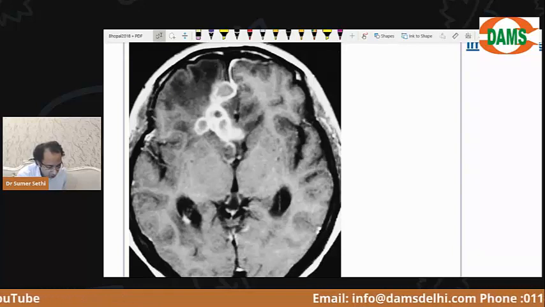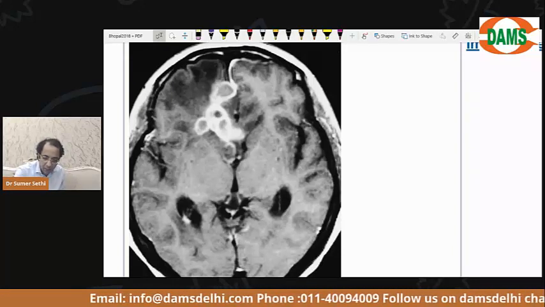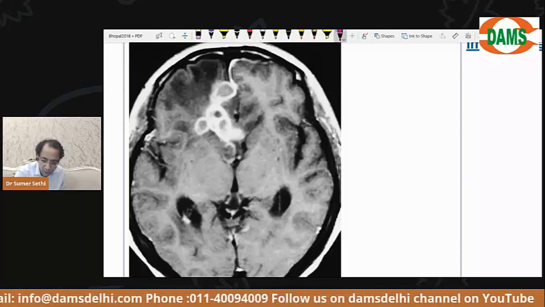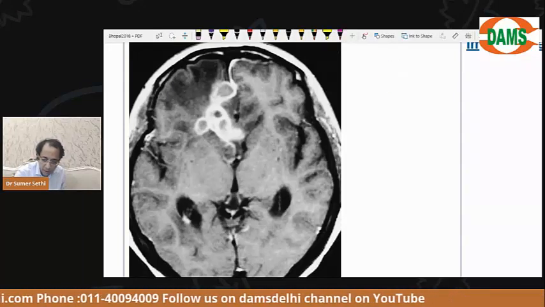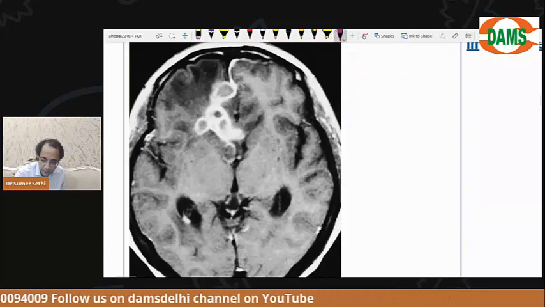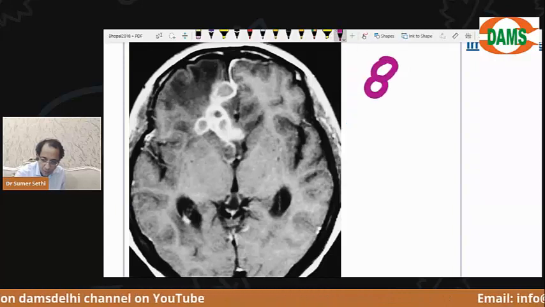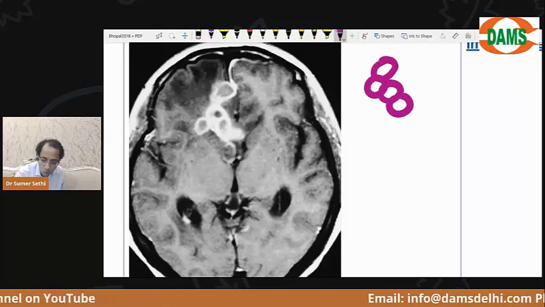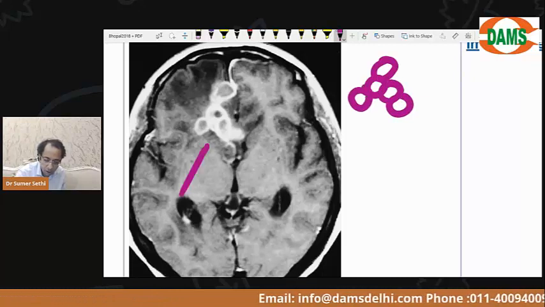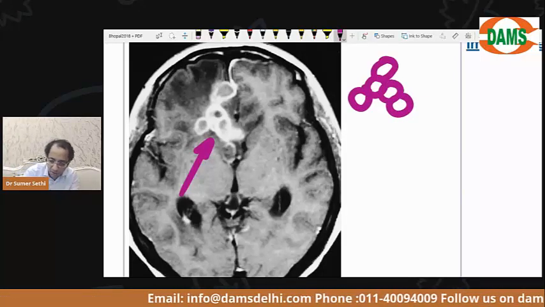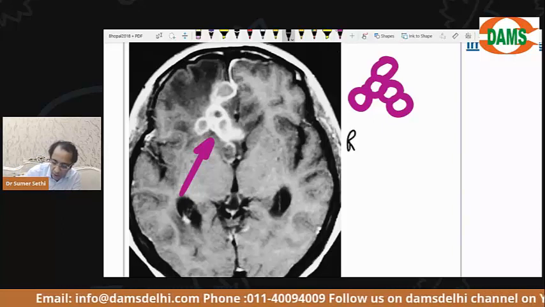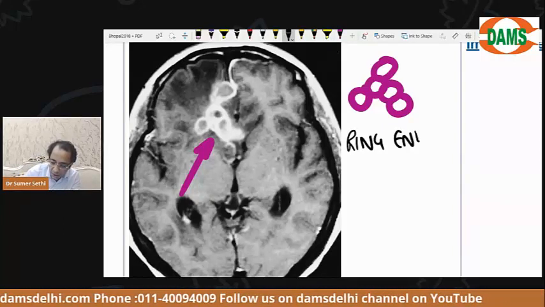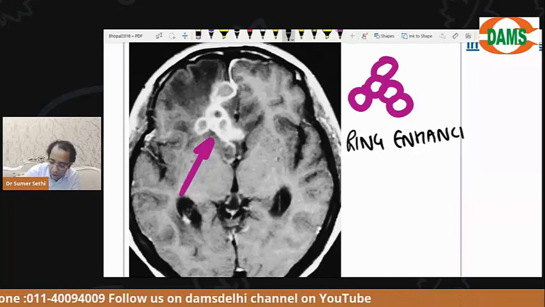Everybody now look at the next picture, bache. Again in this picture we are able to see ring enhancing lesions, but the lesions appear to be joined together.